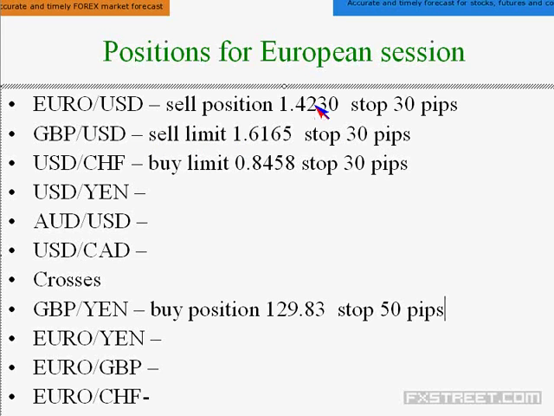And after keeping the stop at the entry in the euro position, that will give you enough cushion so that if the market goes against you also, only GBP will be stopped out, and probably euro will be stopped out at the entry. GBP might make a loss. So you will not lose money in both positions in the event the market goes against you. At any given time, the market can go against us.